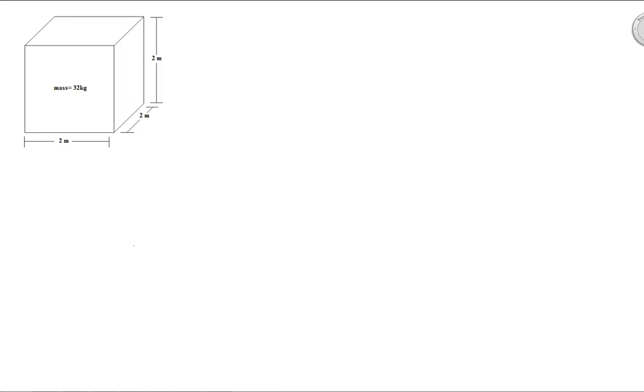Here we see a box with the given dimensions and mass, and we want to find its density. So let's begin by writing down the equation. Density equals mass over volume. We have the mass because it's given, so it's 32 kilograms. For the volume, we have to use the volume of a cube, so it's length times width times height.